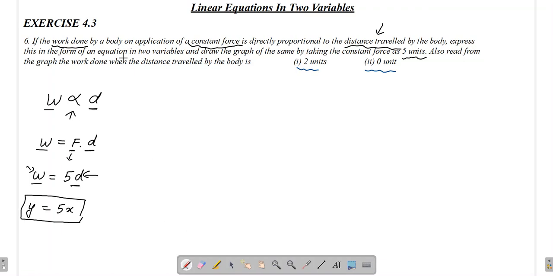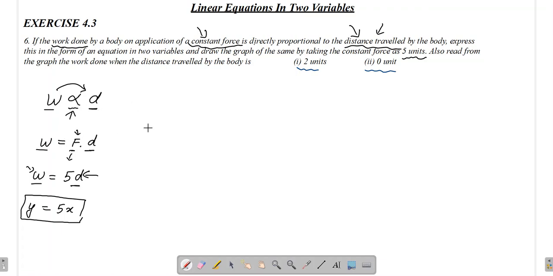Once again, I am repeating it. Work done on application of constant force is proportional to the distance traveled. Means work done is proportional to distance traveled. In physics, you all have studied that if we have to replace this proportionality sign, we always have to use a constant.